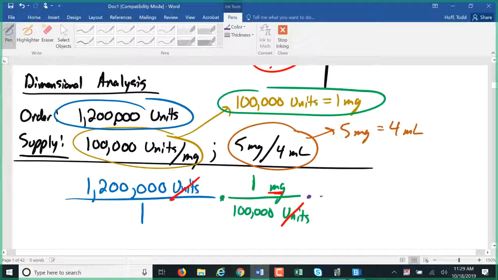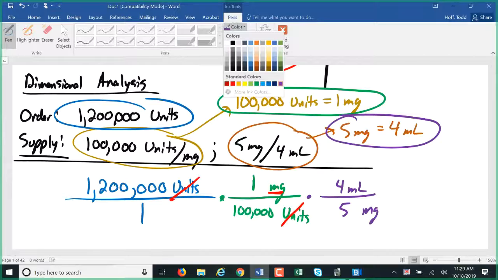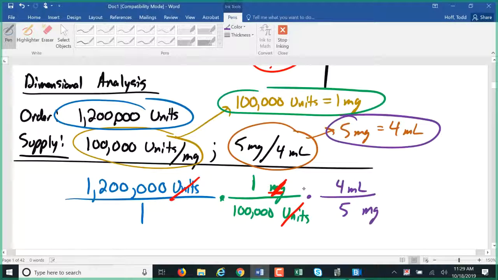I want to get rid of milligrams, so I'll put it on bottom so those will cancel out. I look for an equivalency with milligrams: 5 milligrams equals 4 milliliters. Notice now the milligrams will cancel out. And now I just multiply.